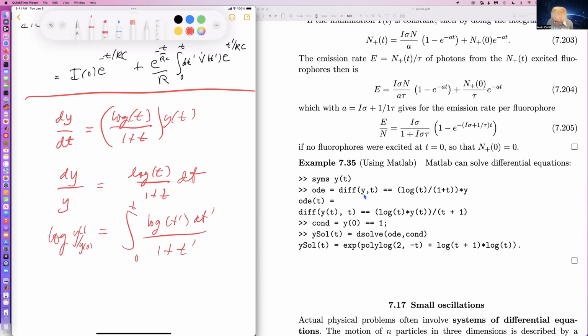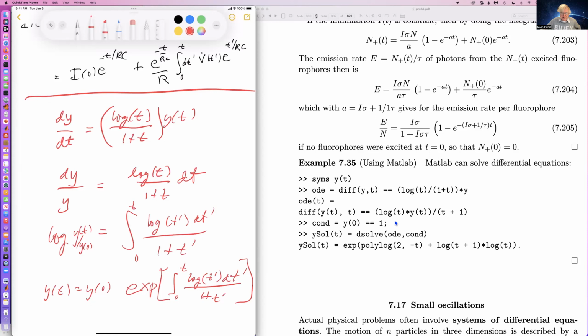And so y of t is y of 0 exp of the integral from 0 to t of log t prime dt prime over 1 plus t prime. So that's what I can do with my fingers, but I don't know what the integral is.